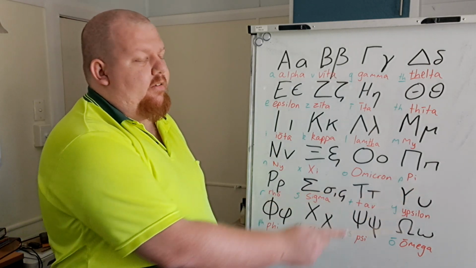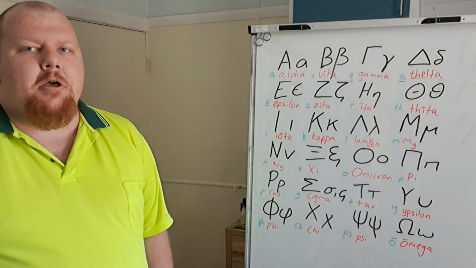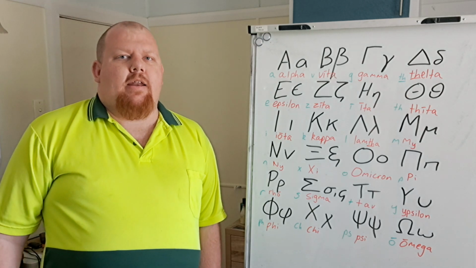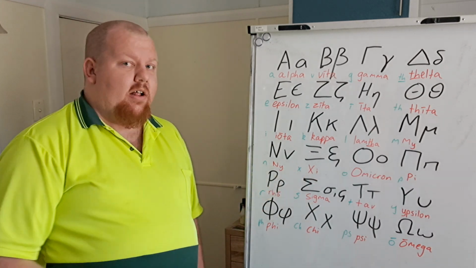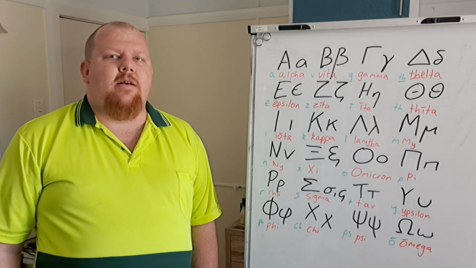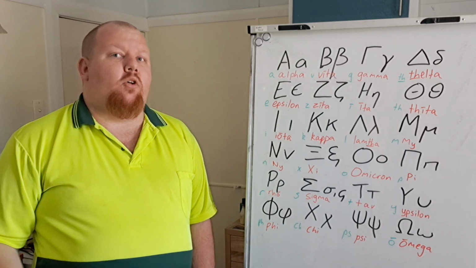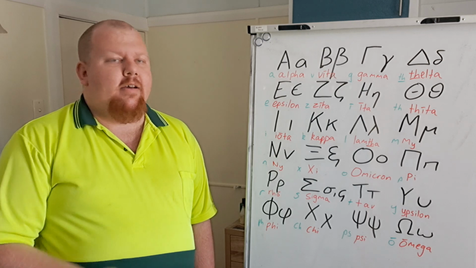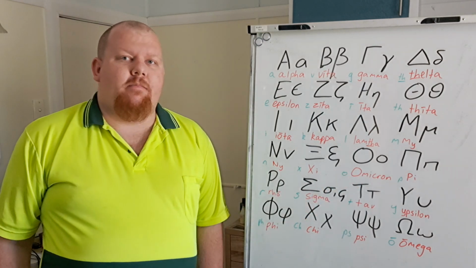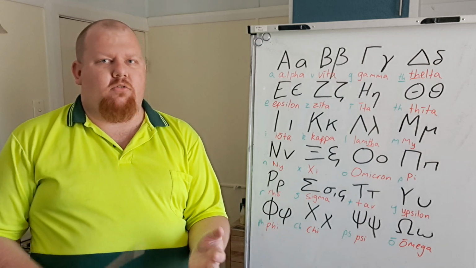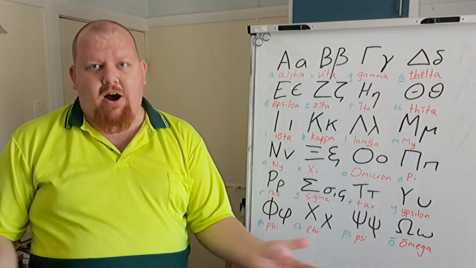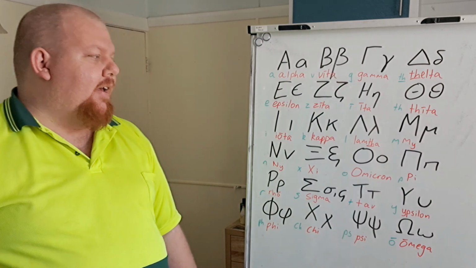The next letter is pi. Now, a lot of people pronounce this letter pie, and it's the same with xi. A lot of people pronounce it zie, but that's just an Anglophone way of reading that. So when you see PI, in English, if that was an English word, we'd say pie, because it looks like PIE, which is pie, right?